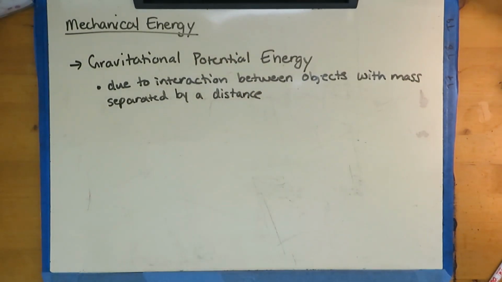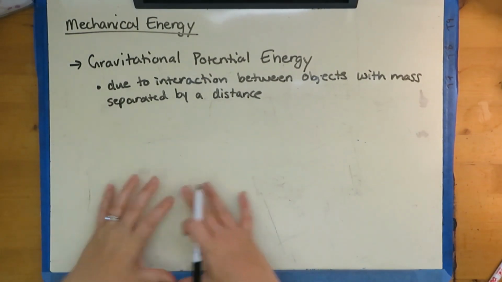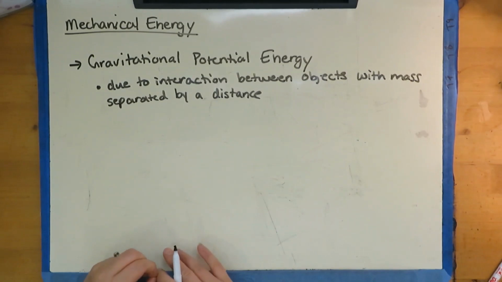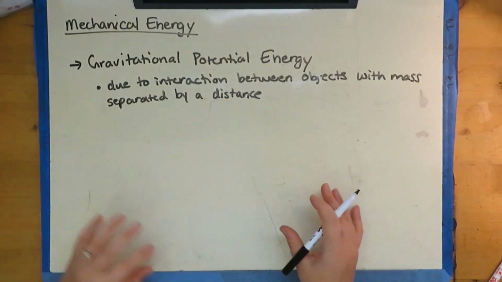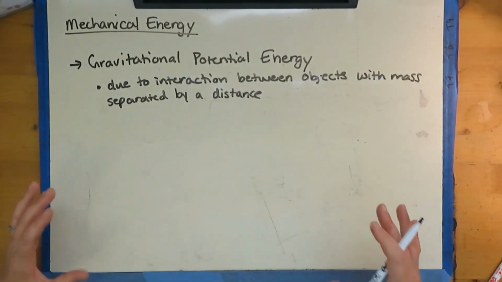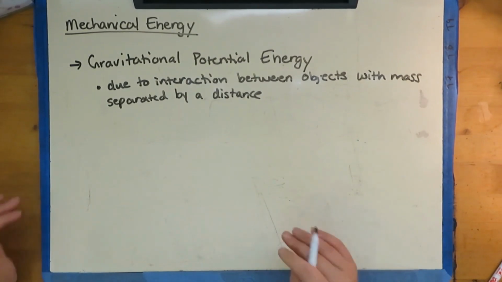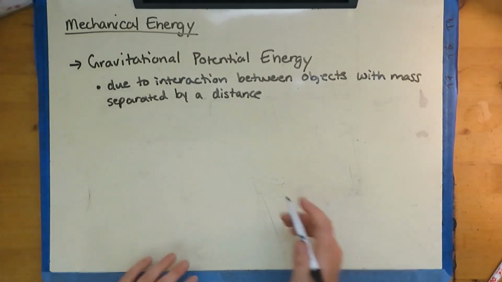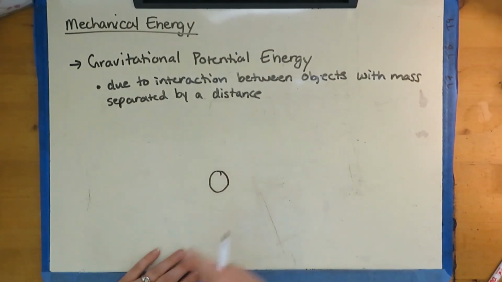So basically any object that has mass is exerting a gravitational field, and that field can be felt kind of everywhere around it. Actually, you'd have to get infinitely far away from an object in order to not experience a gravitational field. But there's no gravitational potential energy until I put a second object into that field.